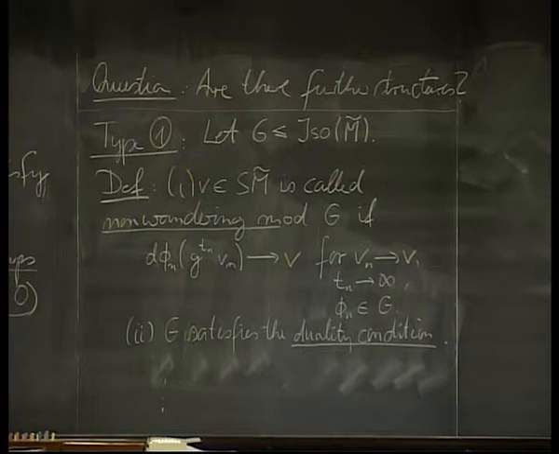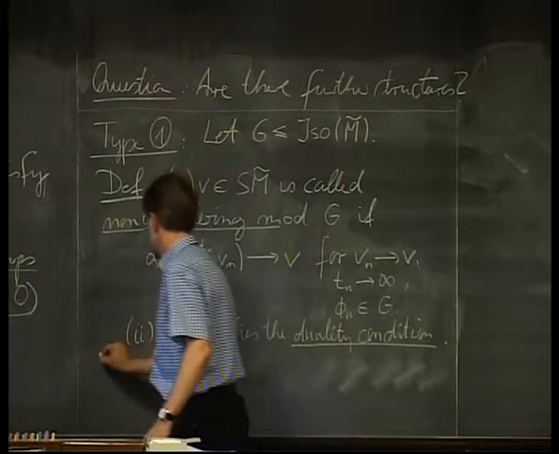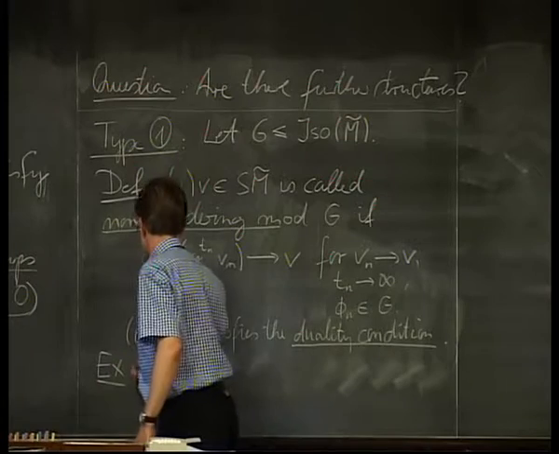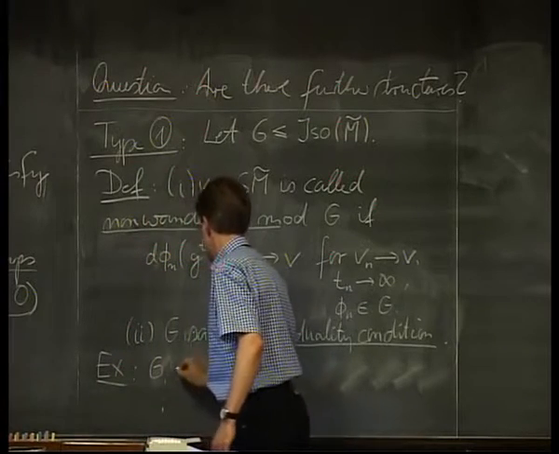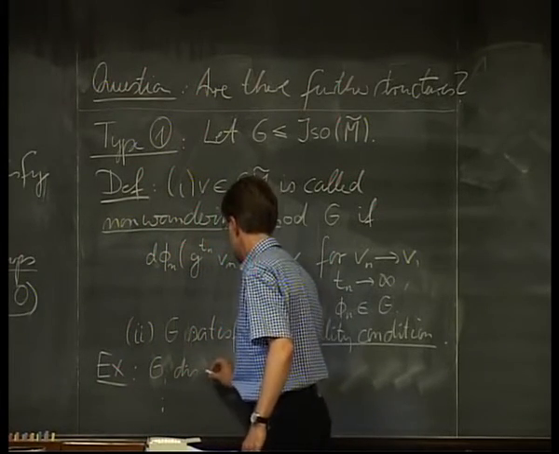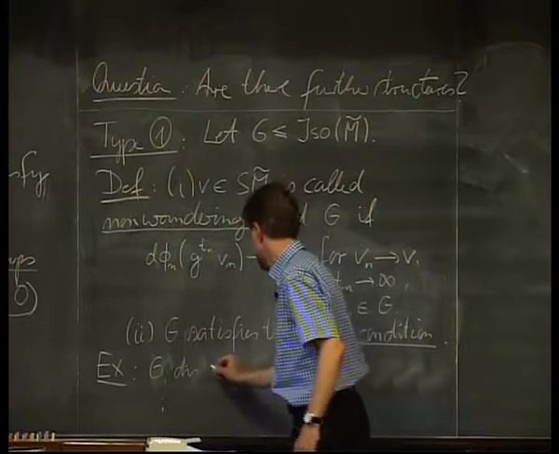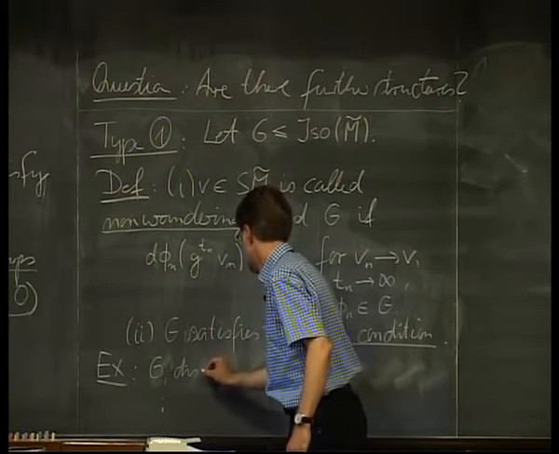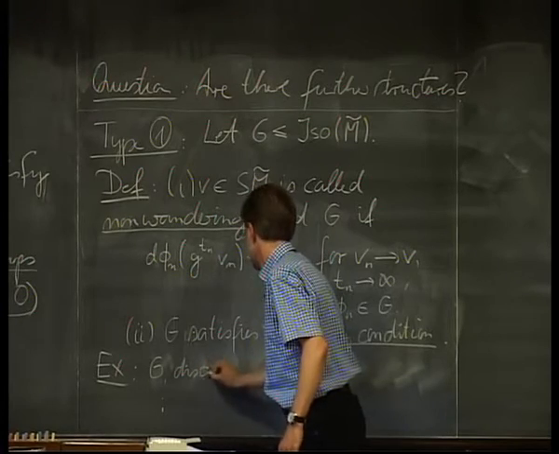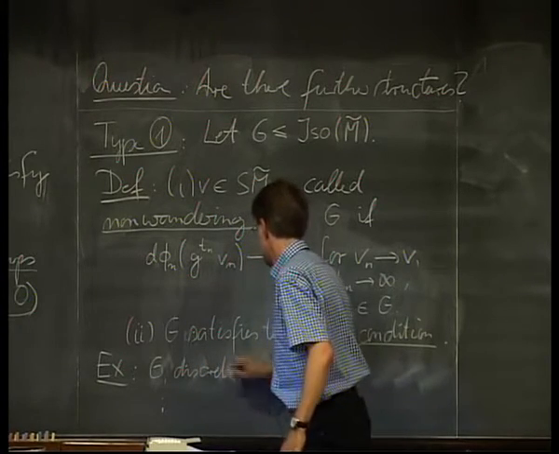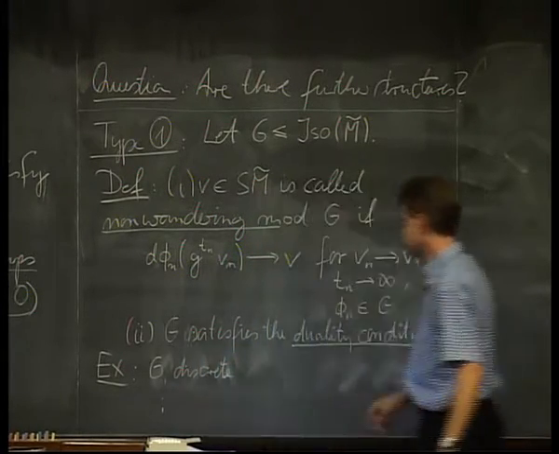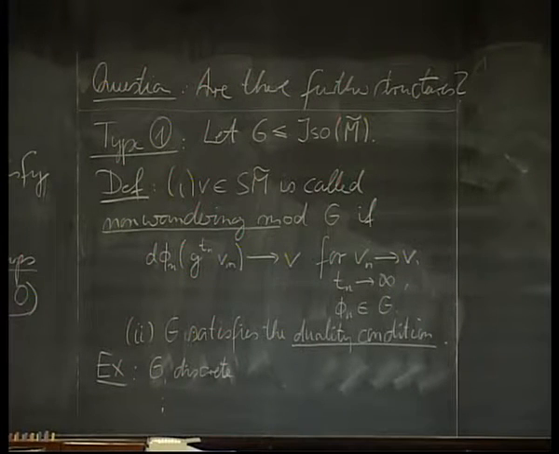So, for example, this will be the case if G is discrete, so properly discontinuous and co-compact and free, not necessarily free even. G is a discrete subgroup.